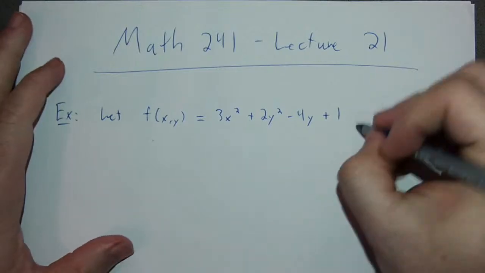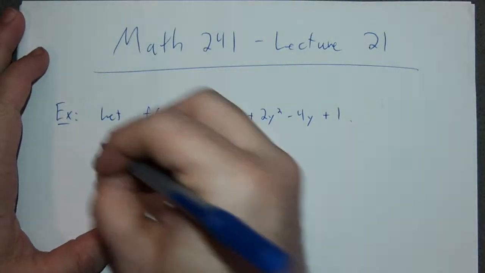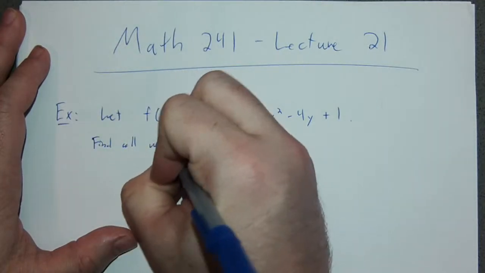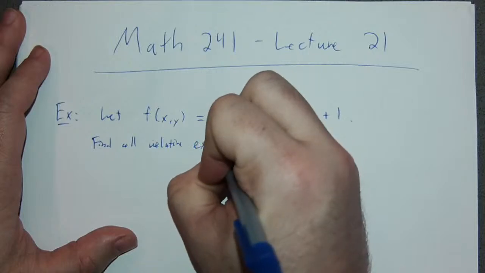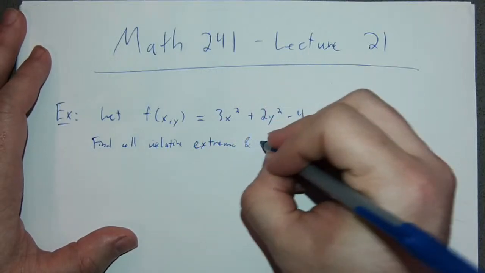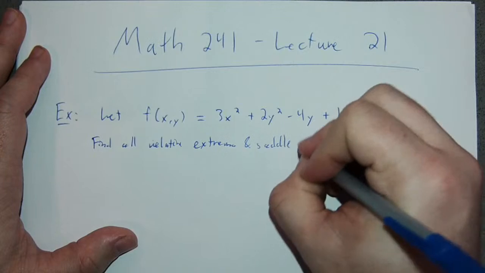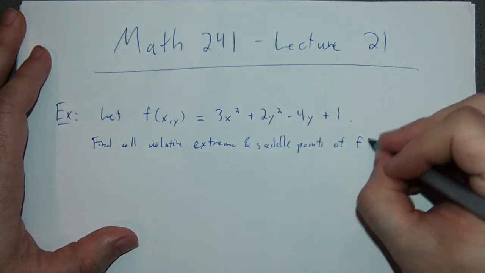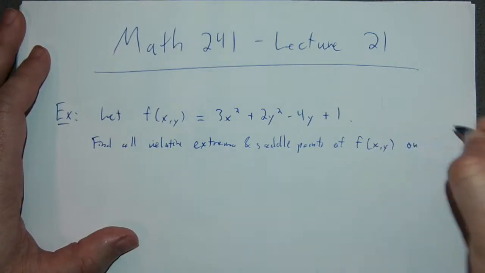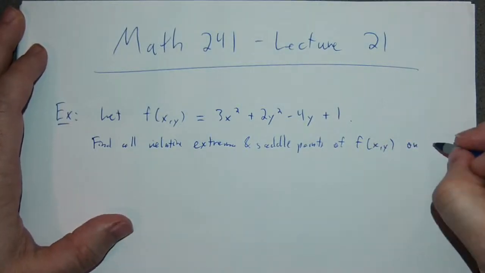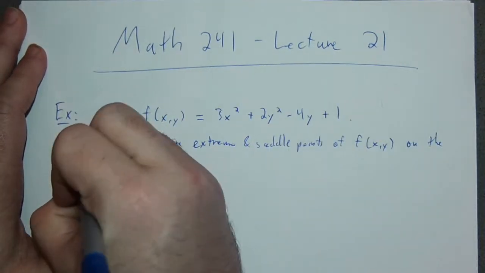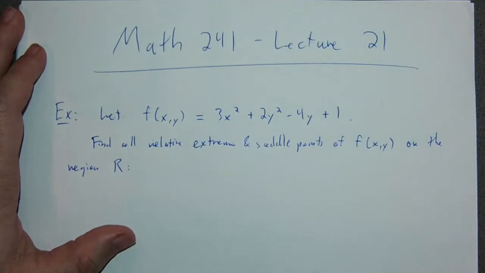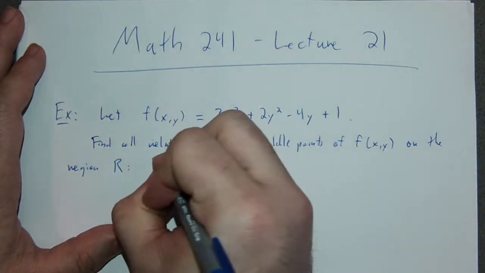So find all relative extrema and saddle points of f on the region R, defined to be the closed circular disk of radius 4.